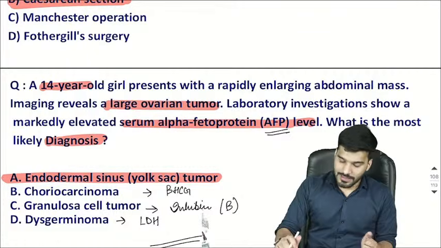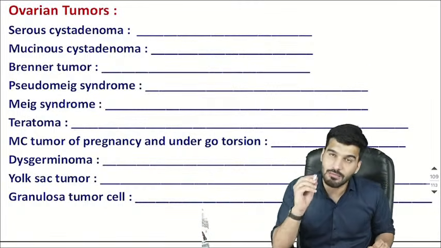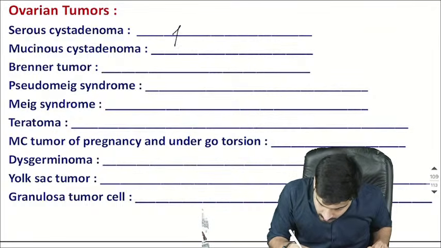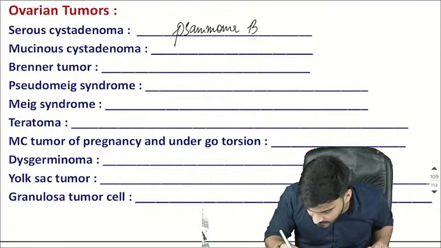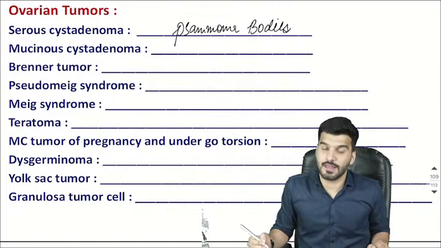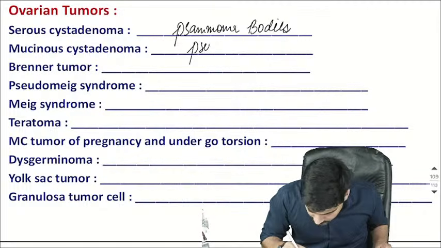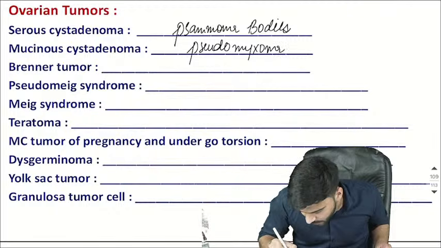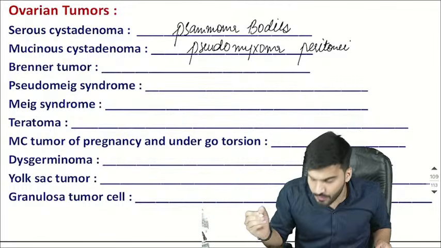Okay, so let's talk about the first ovarian tumor, serous cystadenoma. You will remember that it's a type of epithelial tumor seen in older age group, and we see psammoma bodies in serous cystadenoma. If it is a mucinous cystadenoma, remember this is associated with pseudomyxoma peritonei, excessive mucin there.